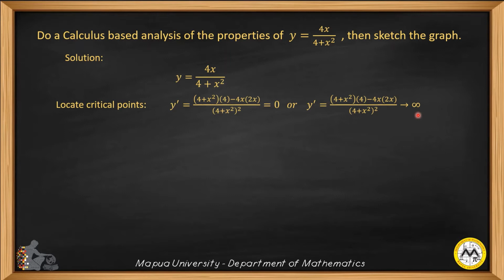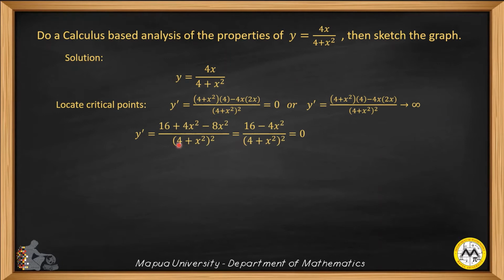Okay, remember when we introduced the concept of critical points, these are points of the curve where y prime is 0 or y prime is undefined. So on that basis, when you are dealing with a rational function, you must consider these two cases where the critical point may possibly be positioned. These are points where y prime is 0 or where y prime has an undefined value.